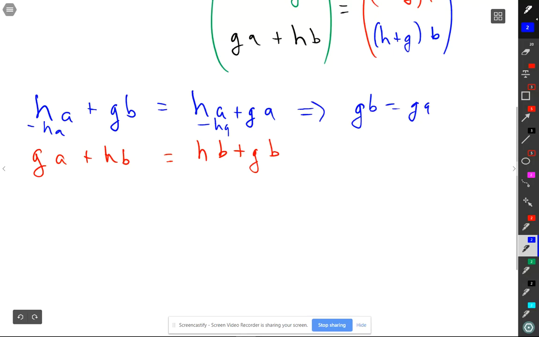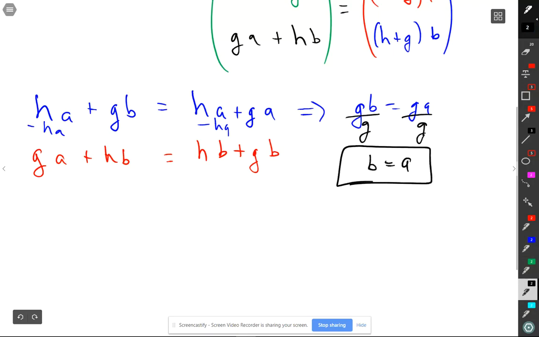Then what? So you have B equals A. If you go to the second equation, it's going to give you the same outcome. That's actually part and parcel with how we got the eigenvalues. If that determinant is 0, you're going to have one equation is equivalent to all the rest combined.